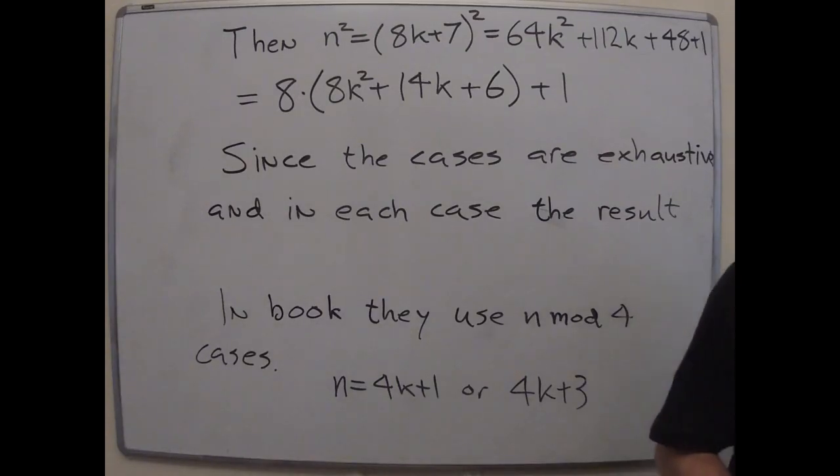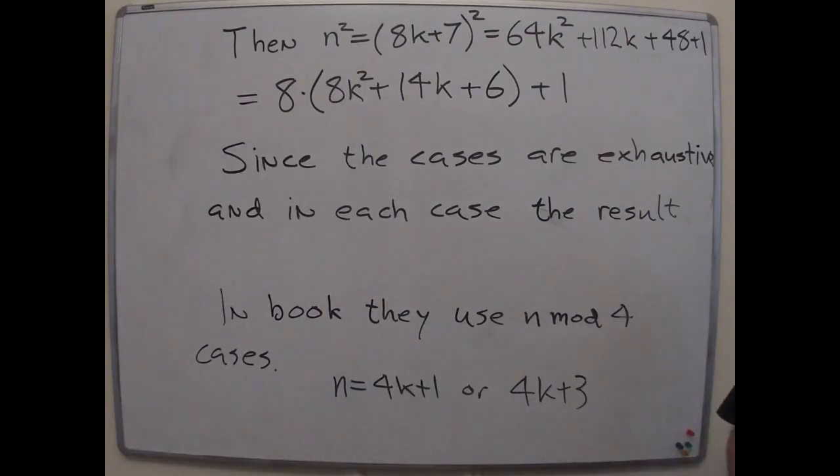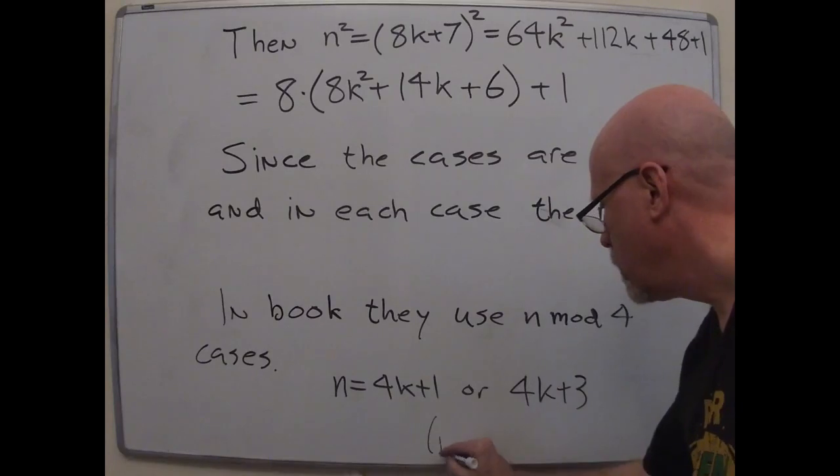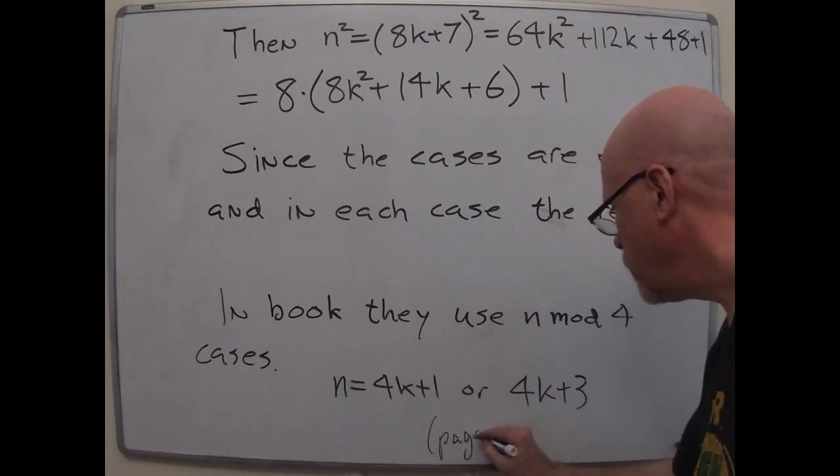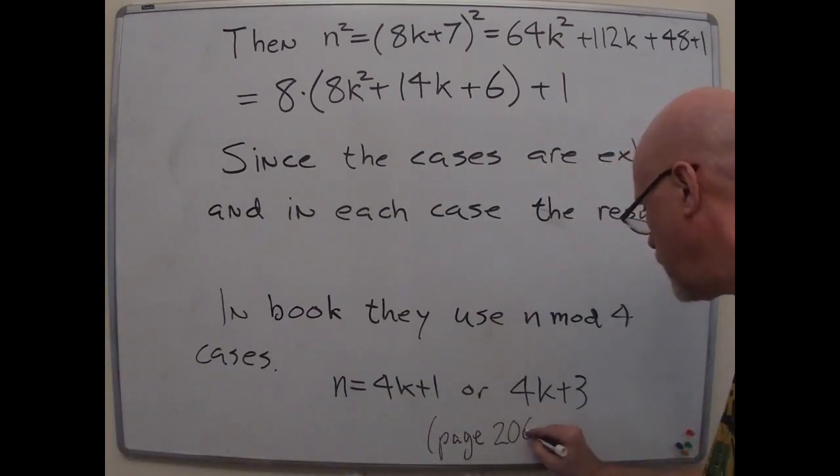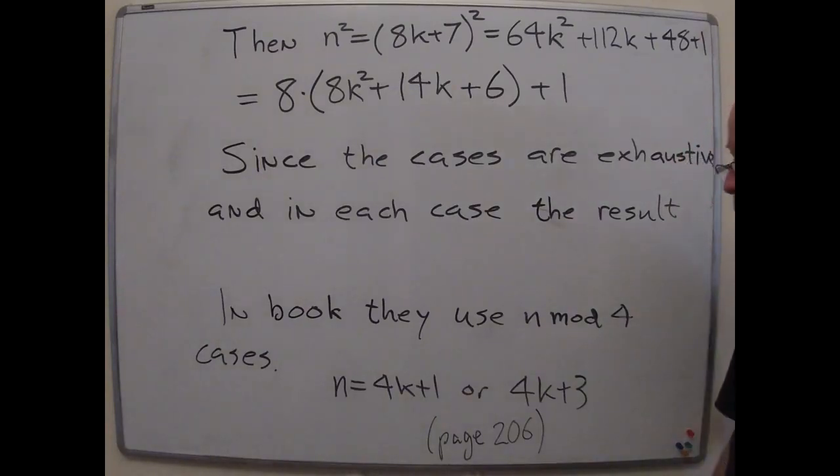So I ask you to look in the book that's on page 206 and compare the complexity of that proof with the one that I just did. The difficult thing about that is that you had to be clever enough to realize you could use mod 4 rather than mod 8. So a little flash of insight gets you that, and then you end up having to do less work.